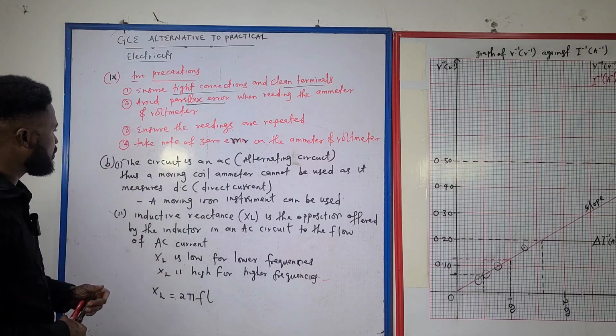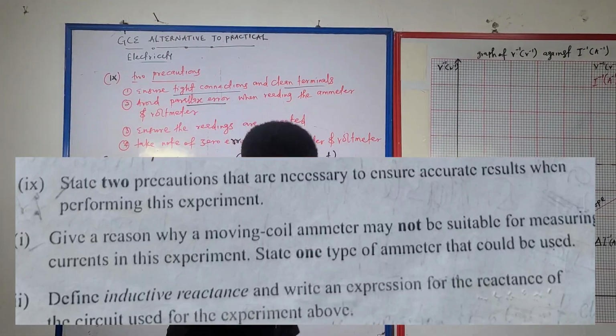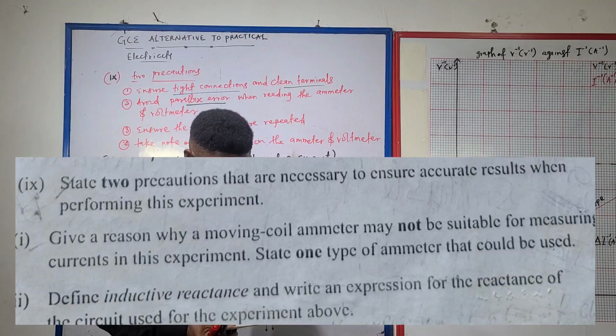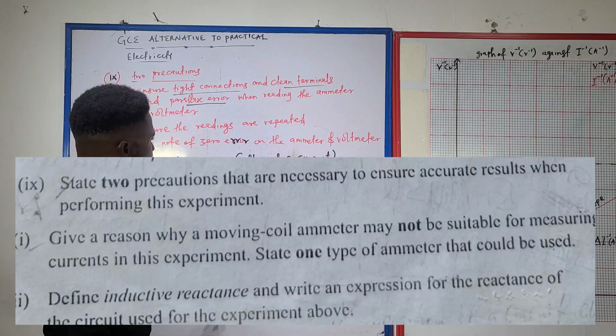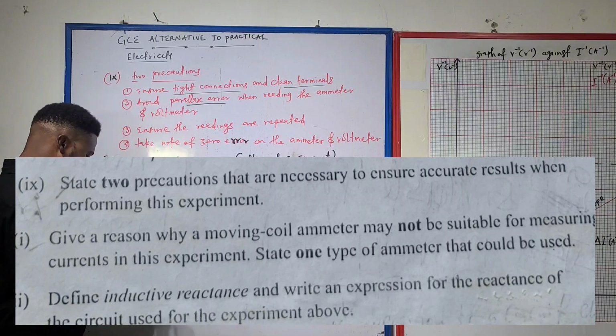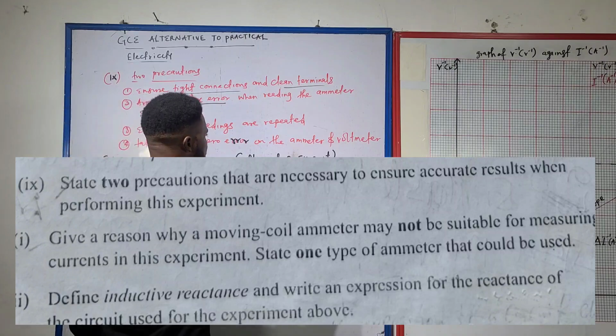Okay, now moving to question B. We were being asked for question B. It said, give a reason why a moving coil ammeter may not be suitable for measuring current in this experiment. This experiment is about an alternating current.